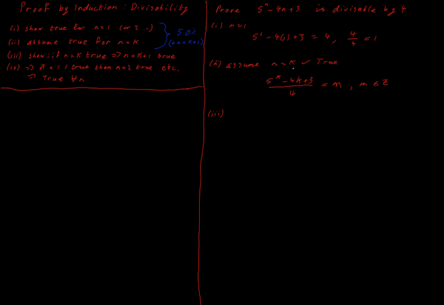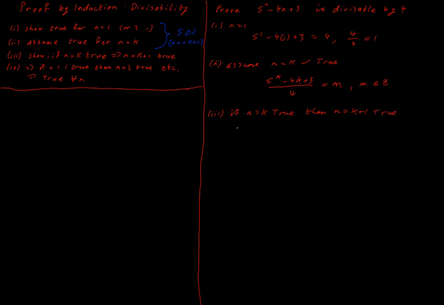I'm going to use that in combination with rearranging the n is equal to k plus 1 position to show that n equals k plus 1 must also be divisible by 4. So if n is equal to k is true, then n is equal to k plus 1 is true.